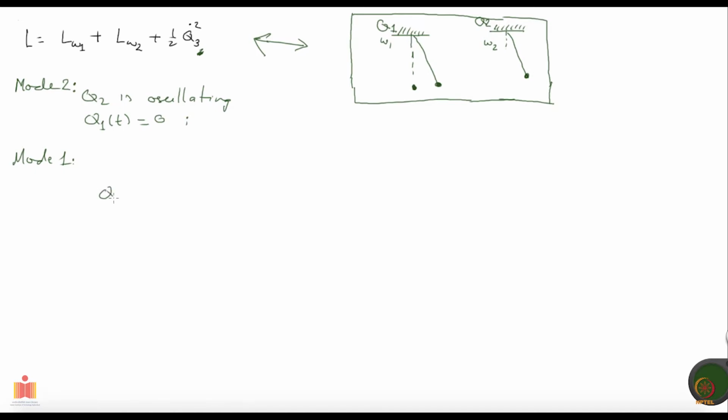If I put q2 to be 0 at all the times, meaning this guy is just standing still here at rest and only this one is oscillating, then of course q1 is oscillating, then my system is oscillating in normal mode 1. That's what we say.